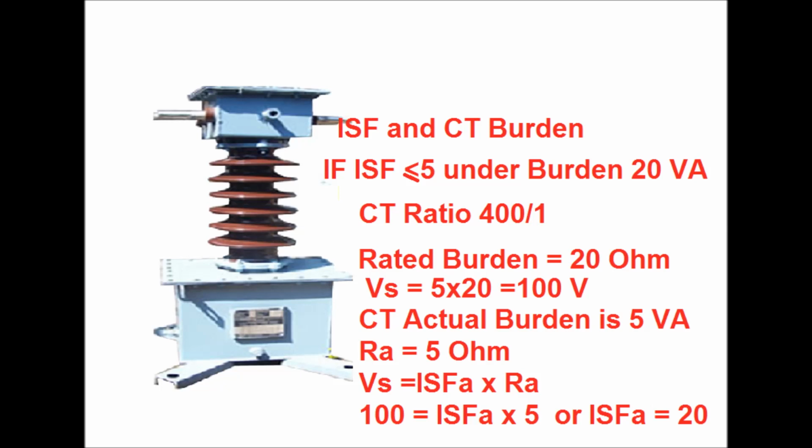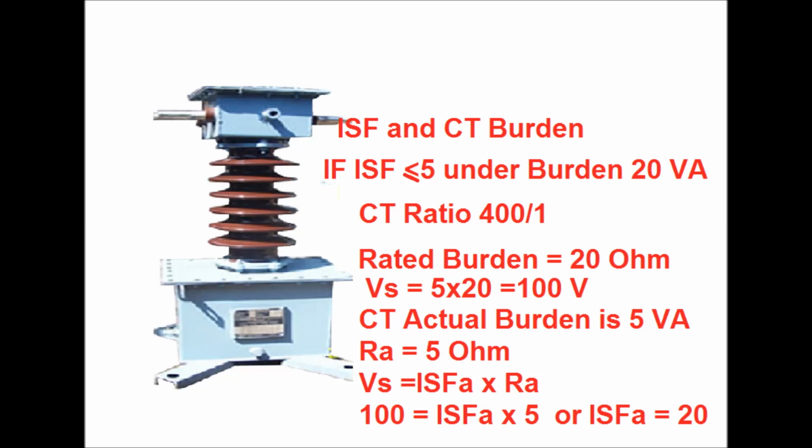In the nameplate, the CT rated burden is mentioned along with the ISF, which is less than or equal to 5, under rated burden conditions of 20 VA. So this ISF is satisfied under the rated burden or rated load which is connected in the CT secondary side.